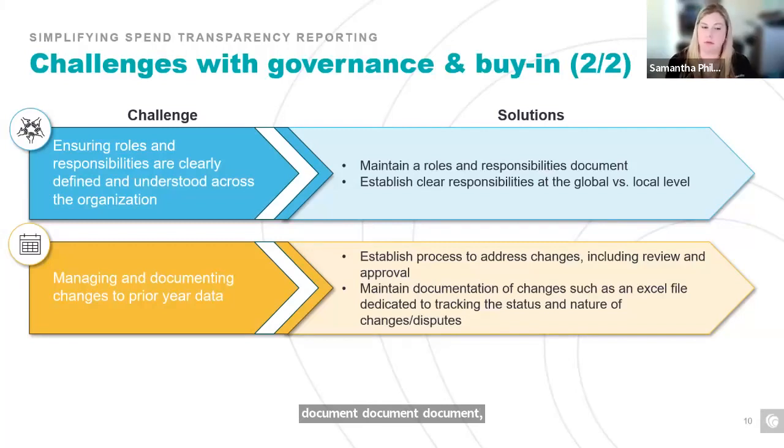And I will say on the roles and responsibilities front, I think that does make everybody's life a little easier, because calling back to the polling results, we were talking about establishing cross-functional teams. And a lot of people actually put that as their number one strategy for strong compliant or strong spend programs. And I think roles and responsibilities and documenting that cross-functional team go hand in hand, right?